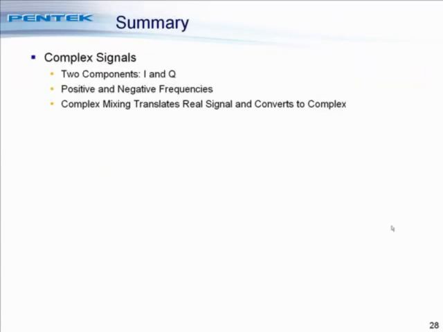So let's just do a summary of what we've learned today. First of all, complex signals have two components, the I and the Q. Complex signals can represent positive and negative frequencies. And complex mixing translates a real signal and converts it to complex.